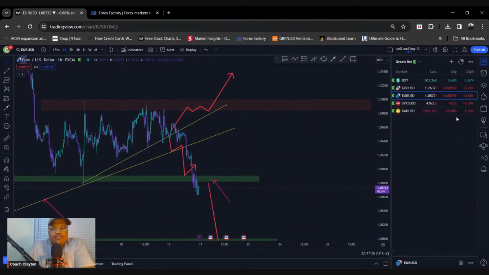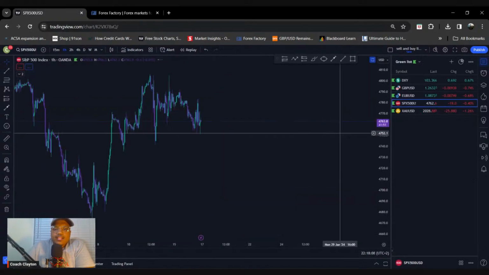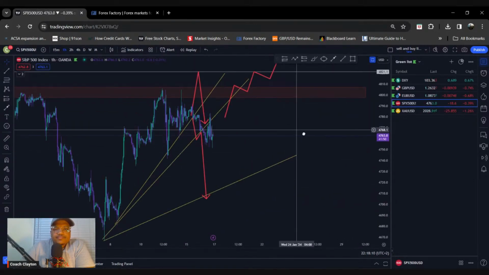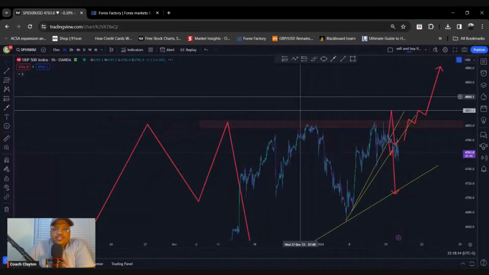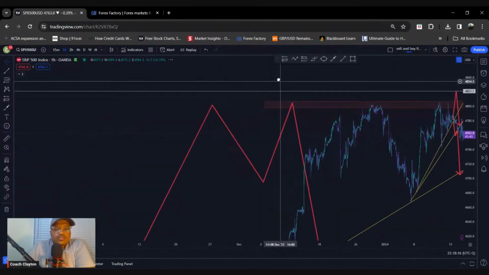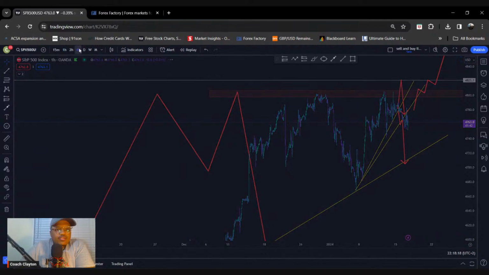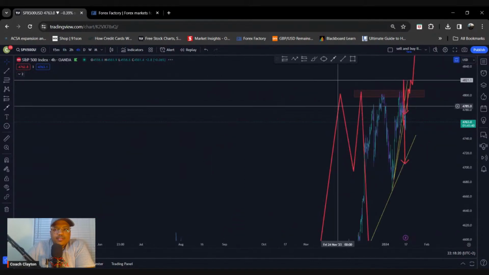But now we have two confirmations, right? GBP USD and Euro USD. They formulated the opposite of what the Dixie made. But when we go to the S&P 500, right? I told the students over the weekend that if we go to the higher time frame, right?